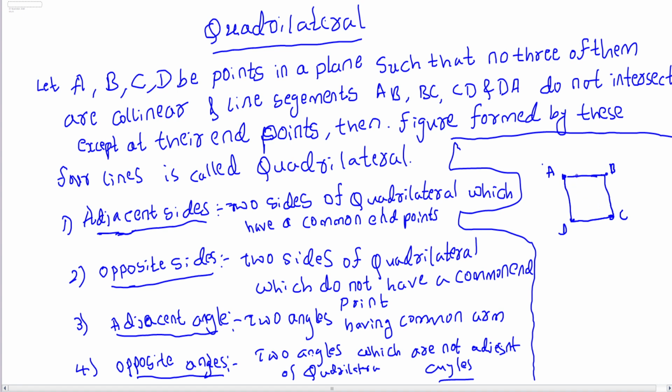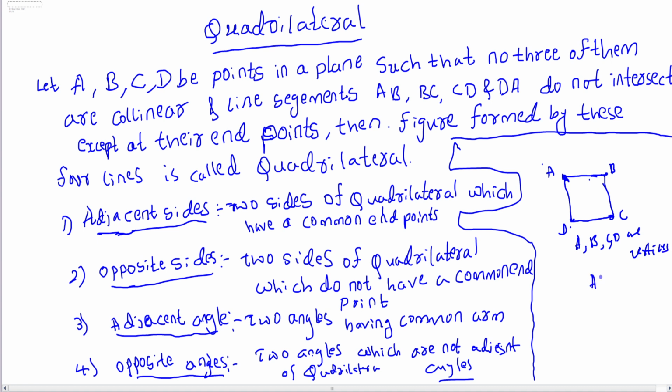AB will not intersect AD except at the endpoints. Then whatever figure is formed by these four lines is called a quadrilateral. A, B, C, D are called vertices.